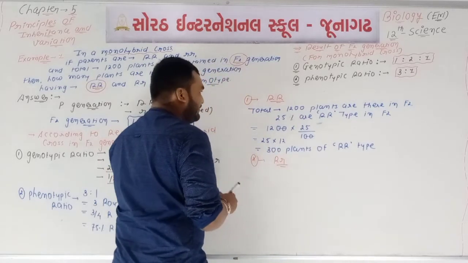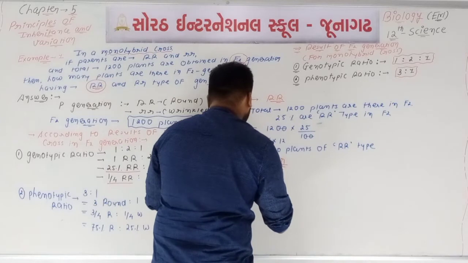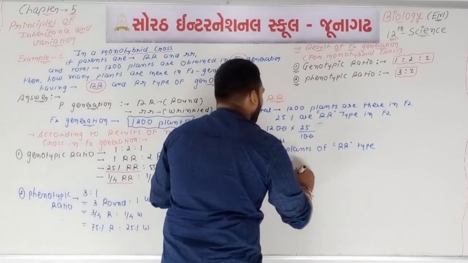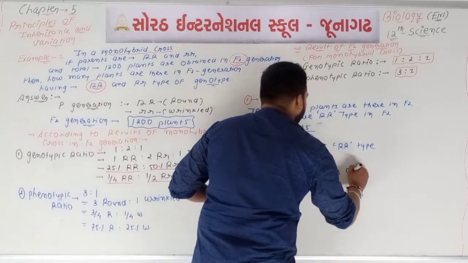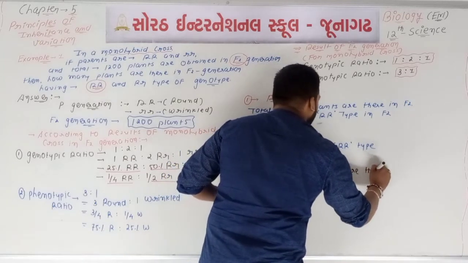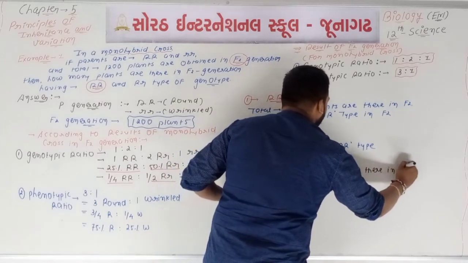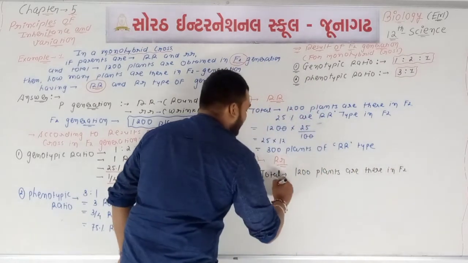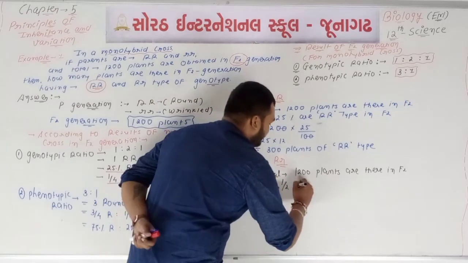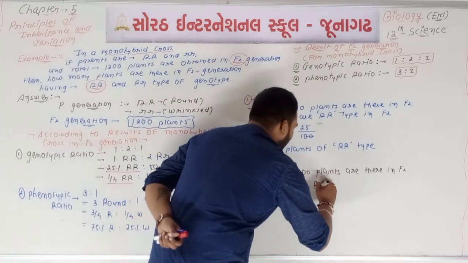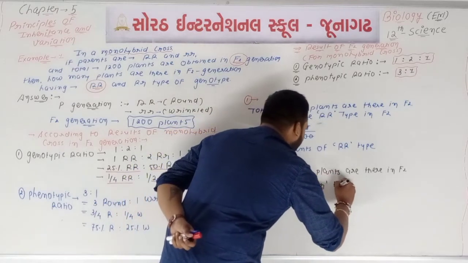Now the second one is about capital R small r. Total 1200 plants are there in F2 generation, out of which 50%, that is 1 by 2, are capital R small r type.